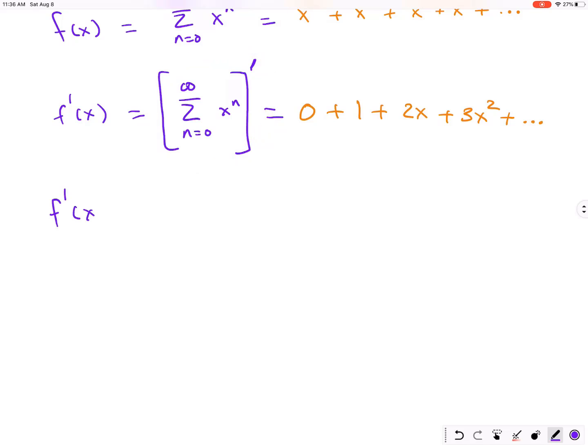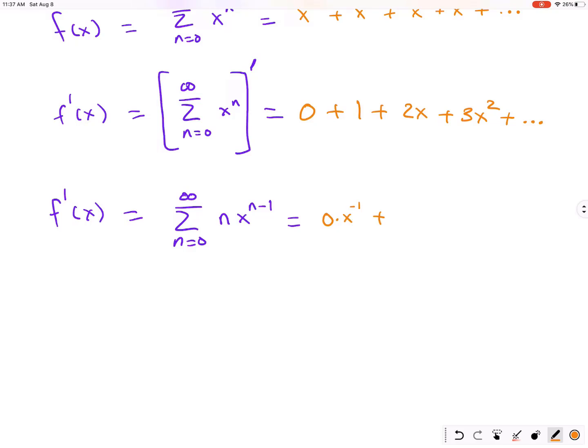So now what I want to do is algebraically modify this to show what the derivative looks like. So I have the derivative of f is equal to the summation from n equals 0 to infinity of n times x raised to the n minus 1. And then that's equal to, when n is equal to 0, I'm going to have 0 times x raised to the negative 1.